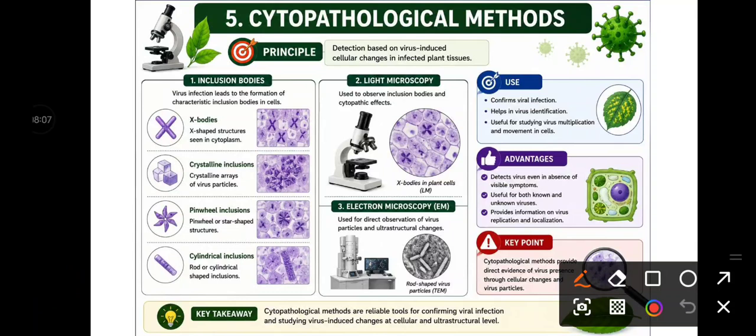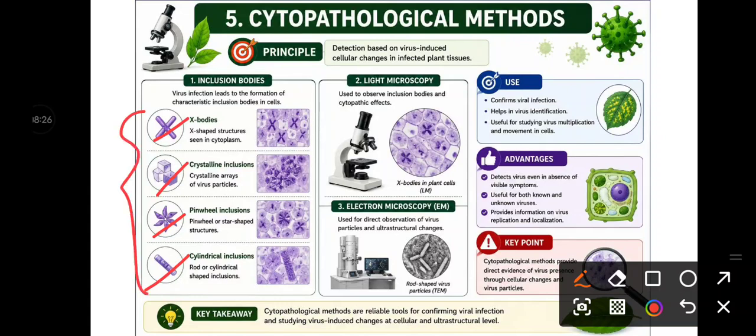So they are removed from the replication pool and produce inclusion body like structures, which may be of different shapes. Some are X shaped, some crystalline, some pinwheel shaped, some cylindrical.